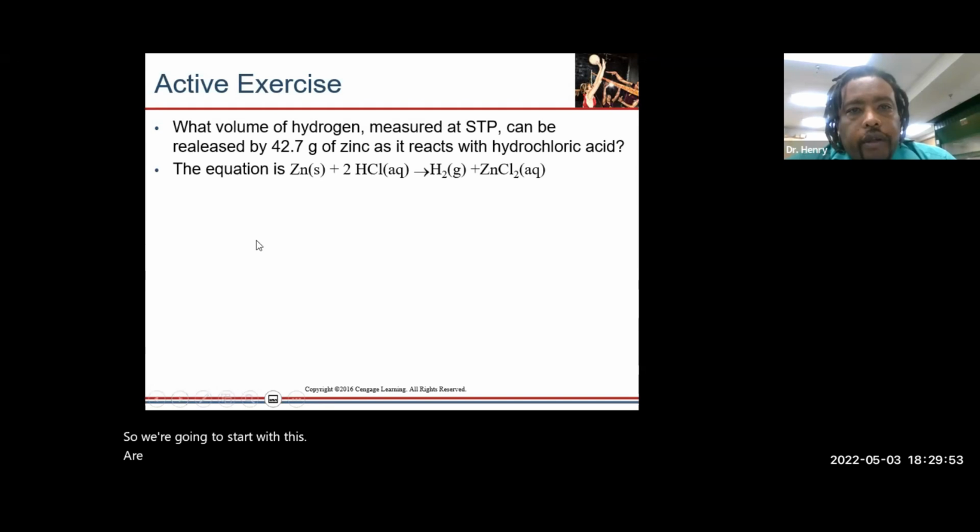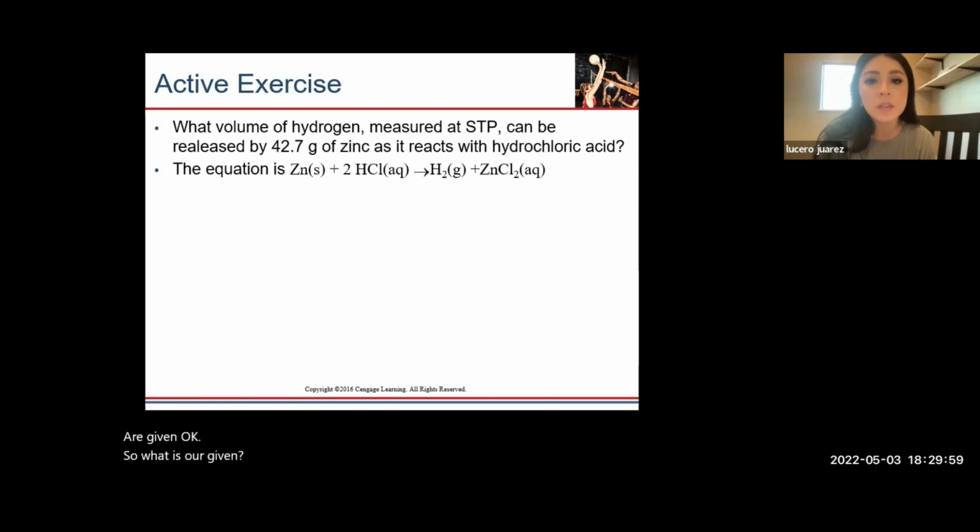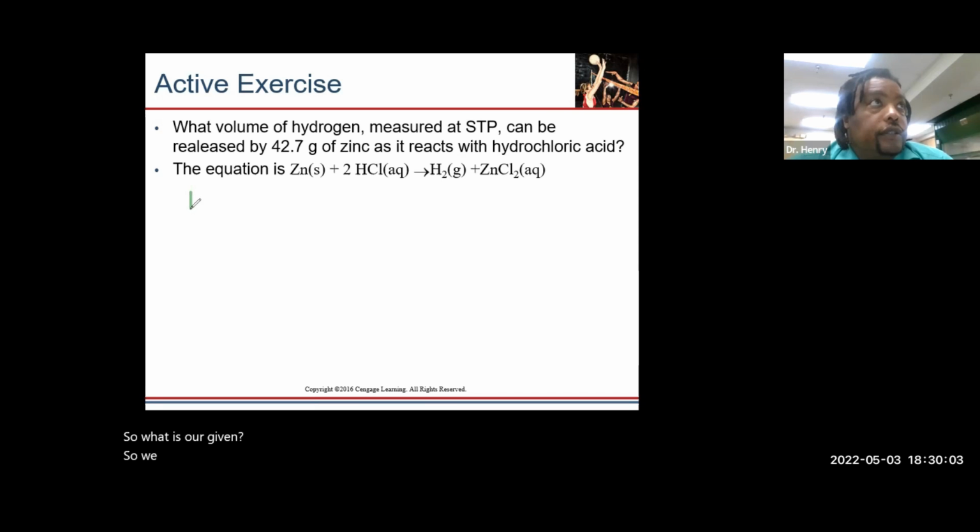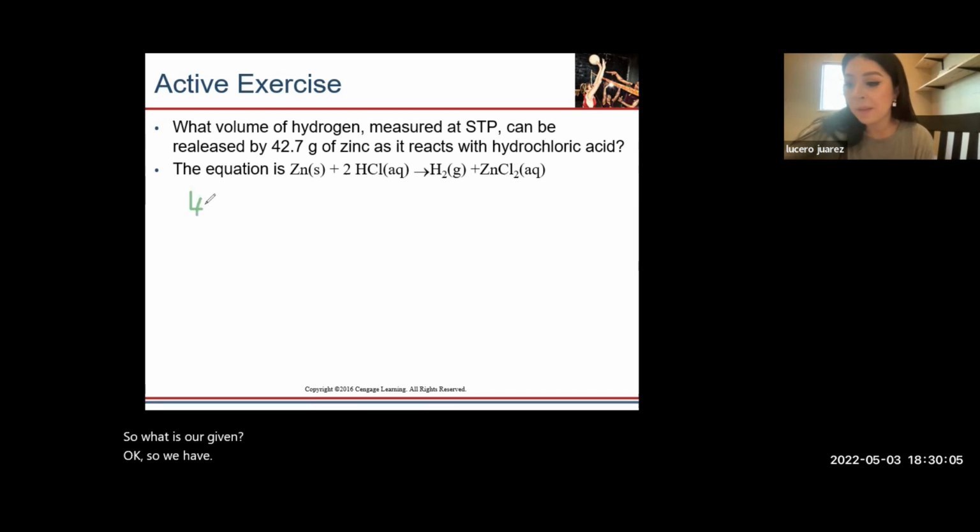So what is our given? 42.7 grams of zinc.